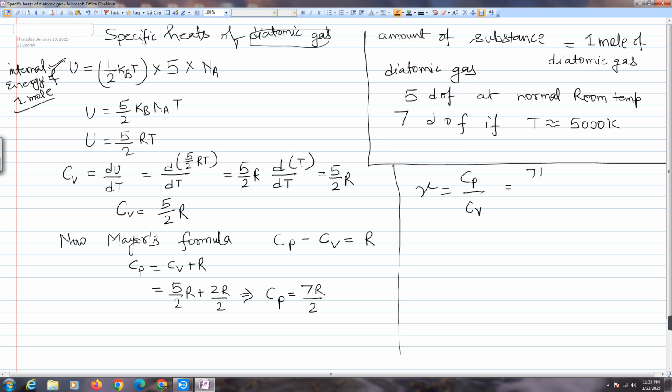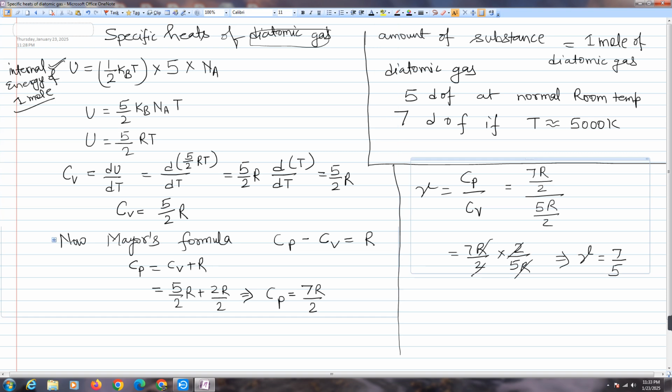Cp value is 7R by 2, and the value of Cv is 5R by 2. So it can be written as 7R by 2 multiplied by 2 by 5R. R cancels, 2 cancels. That implies gamma comes out 7 upon 5. So this is the case for specific heat of diatomic gas, correct?